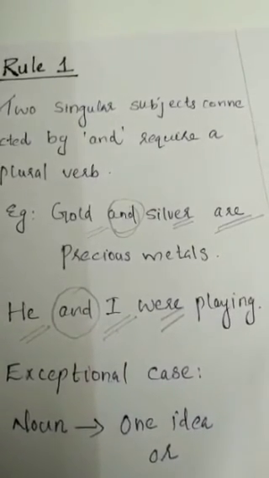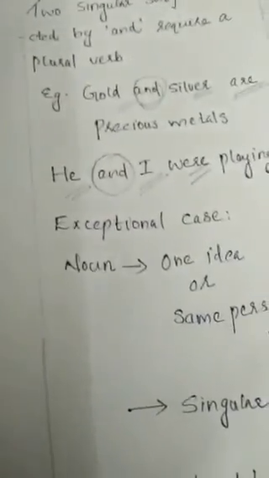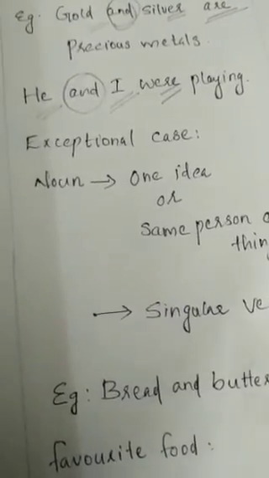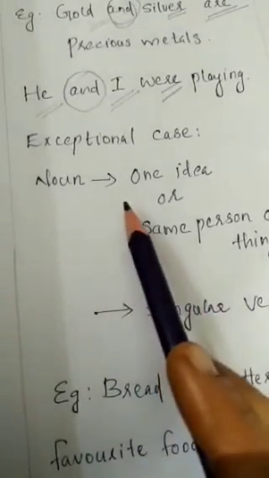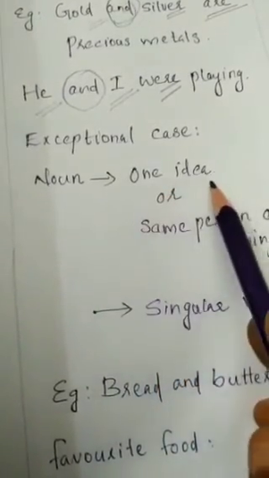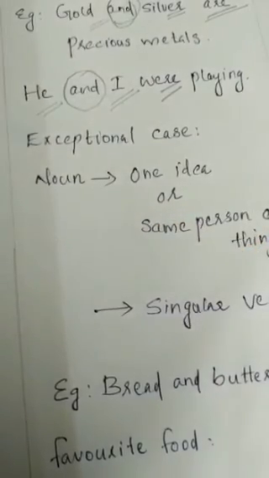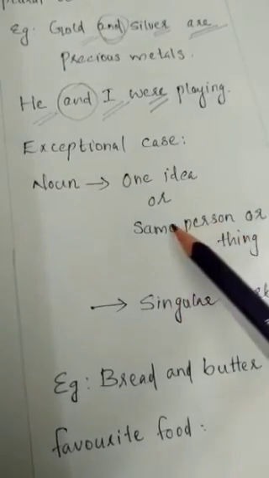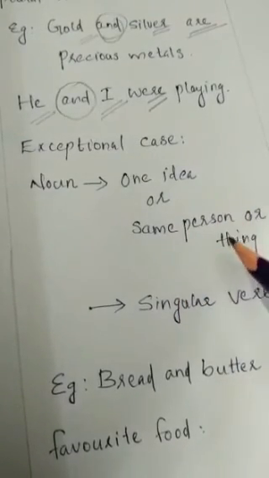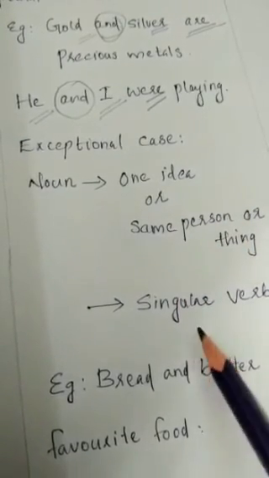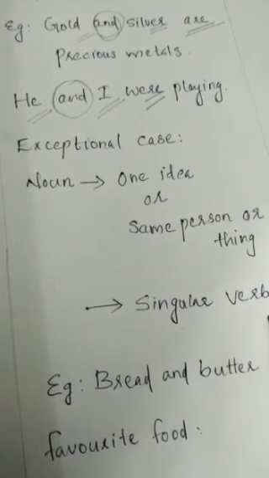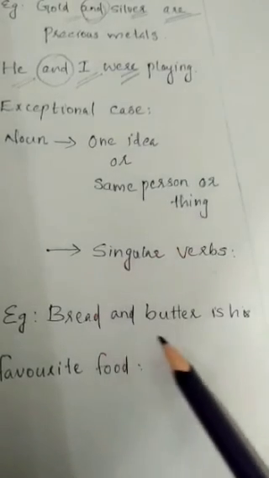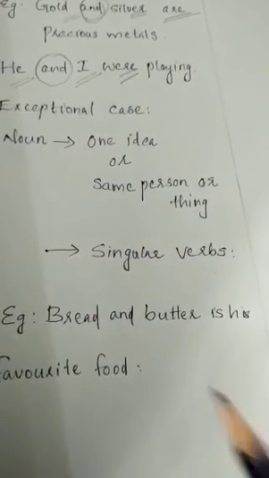And one exceptional case is there, that is, if the noun represents one idea or the same person or thing, we should use what? Singular verb. For example, bread and butter is his favorite food.